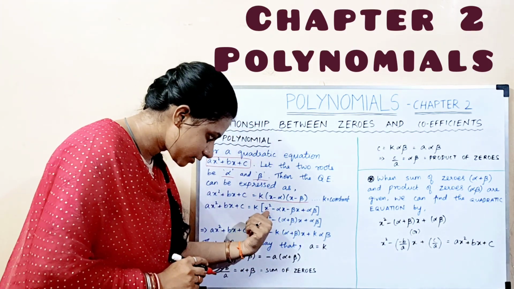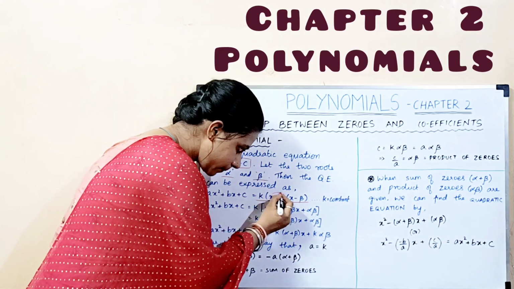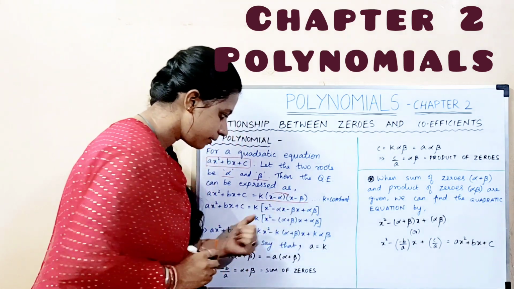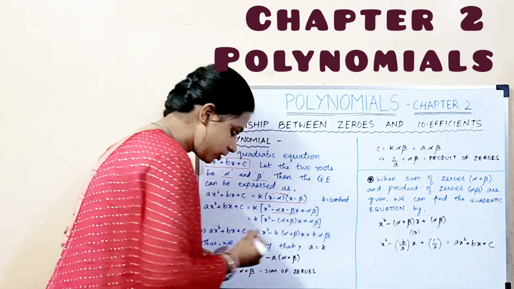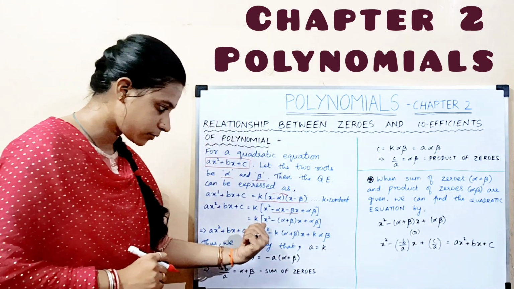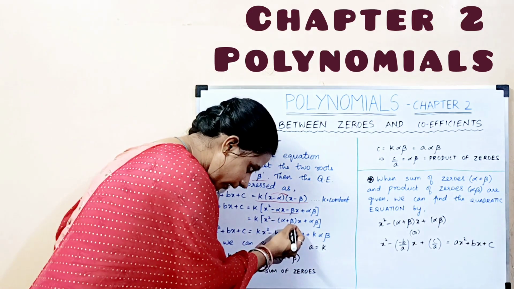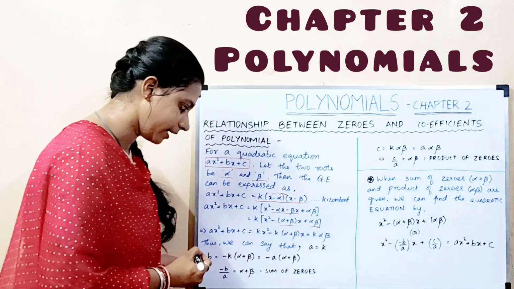We will get x square minus alpha x minus beta x plus alpha beta. When we combine these two terms, we get k into x square minus alpha plus beta into x plus alpha beta.